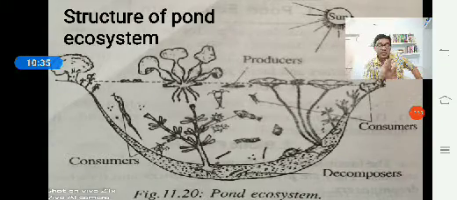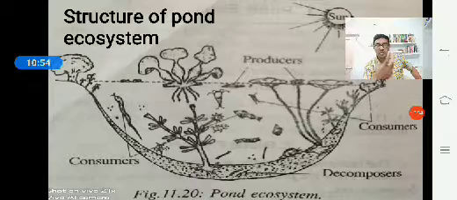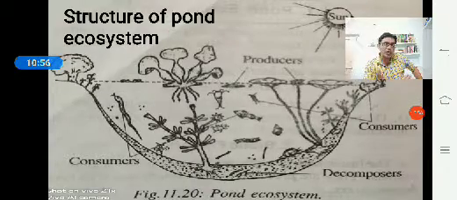In a particular area, we identify what living organisms are there, and then describe which group of animal, which group of plant, whether autotroph, heterotroph, decomposers or producers, etc. This gives us the species composition, how many numbers are there.